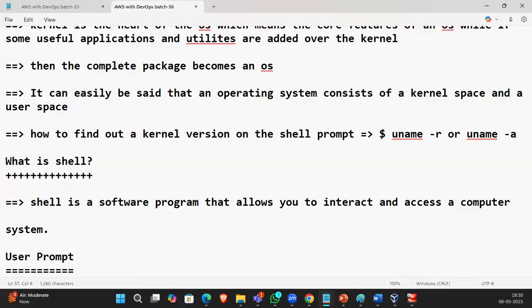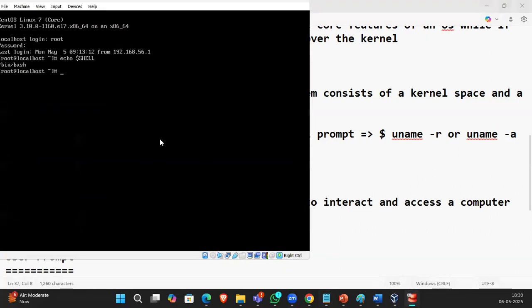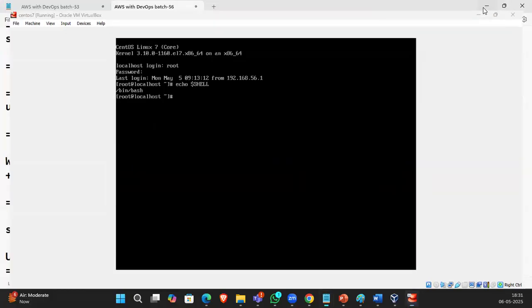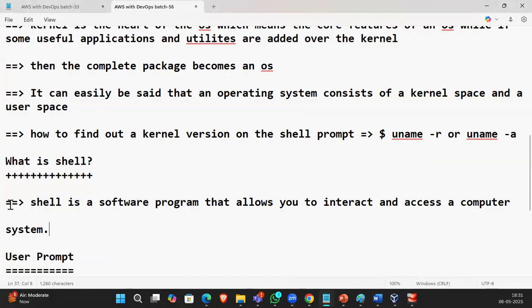So this is the shell prompt. How can you access the computer system? You can access the computer system by using the shell prompt.